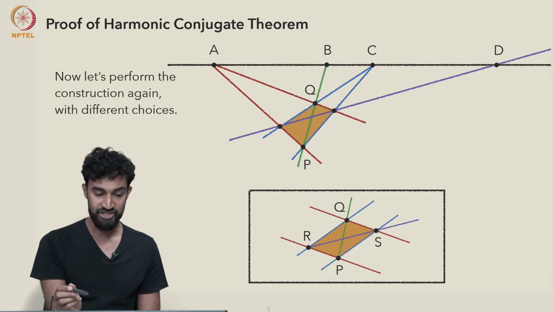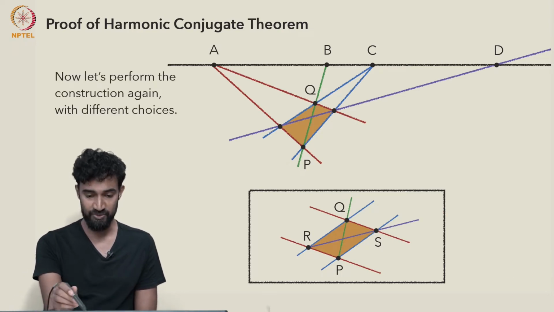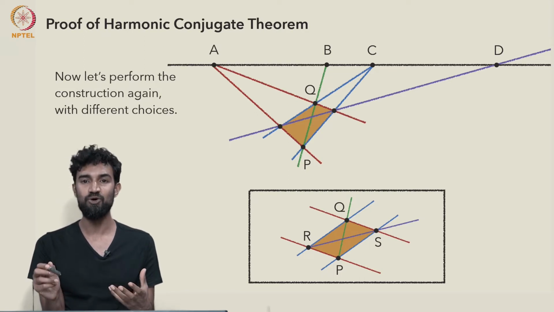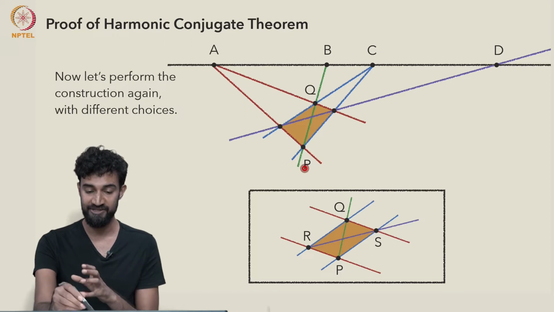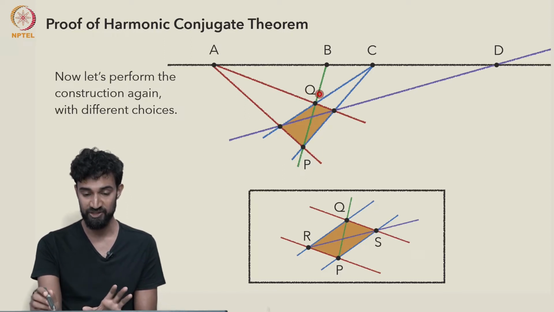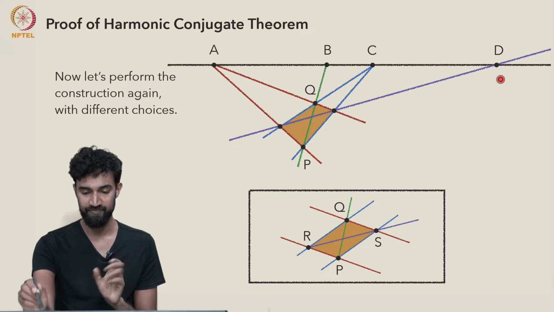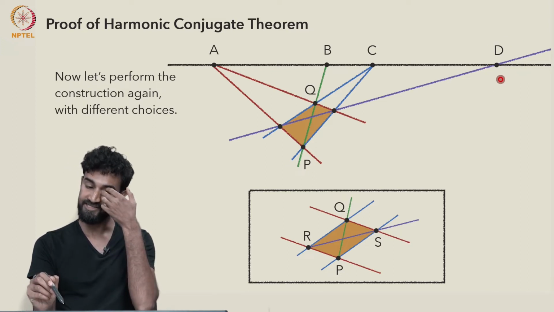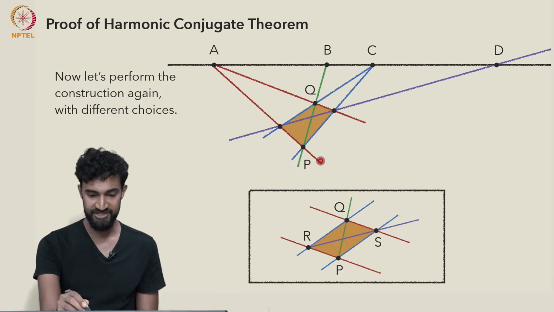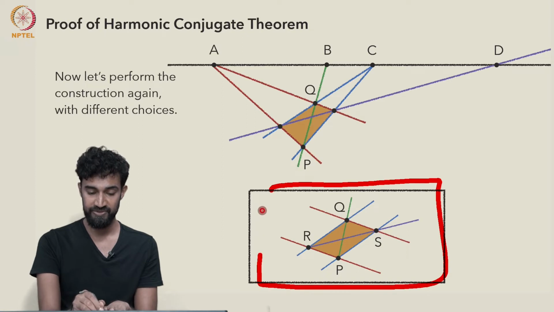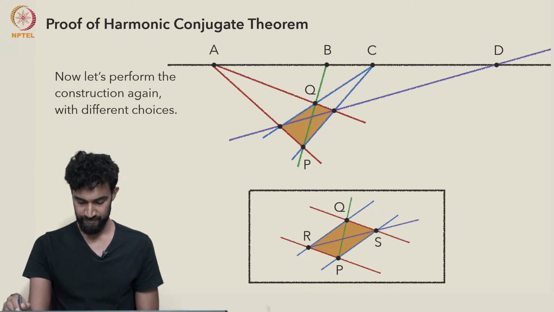And let's just perform the construction again. To prove the harmonic conjugate theorem, we have to show that if we do the construction again with different P and different Q, we'll still get the same D, the same harmonic conjugate point. So let's do the construction again with different choices of P and Q, but keep track of everything from this bird's eye view.